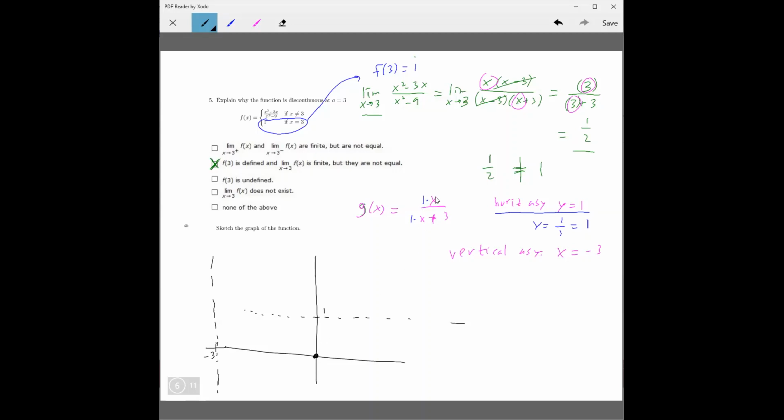When you plug a 0 in, you get 0 over 3, so it goes to 0. Then we're going to come like this. And at 3, we're going to just have a hole in the graph. This is going to go down, and then this is going to come up, something like that.